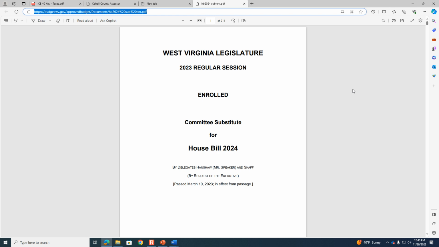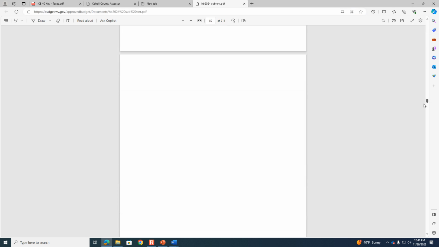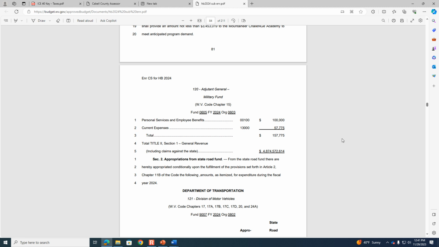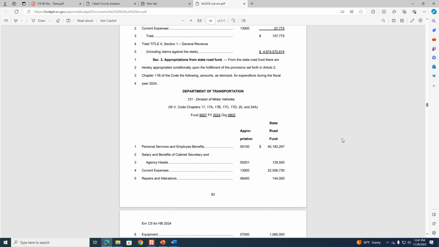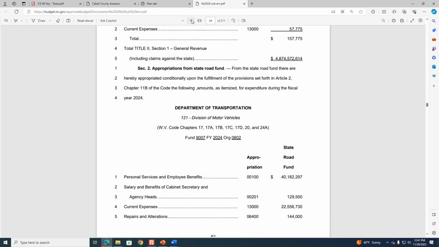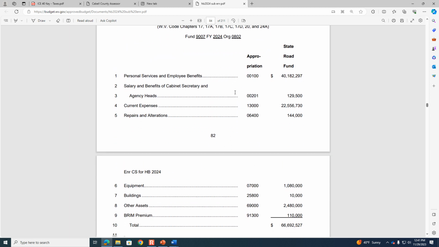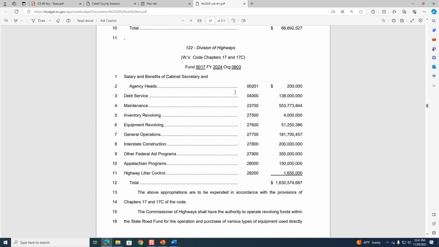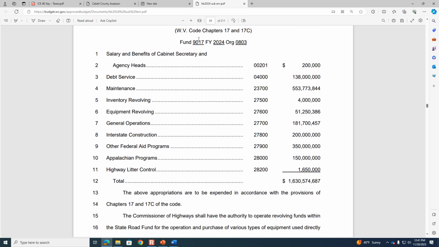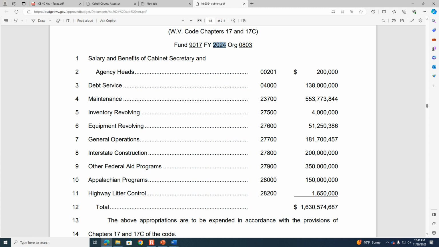And if we go to page 85, they're going to have how much the highway department's share of the budget is. So here it is, the Department of Transportation, Division of Highways. Okay, so the Division of Highways, their budget for the current fiscal year 2024, is $1.6 billion.